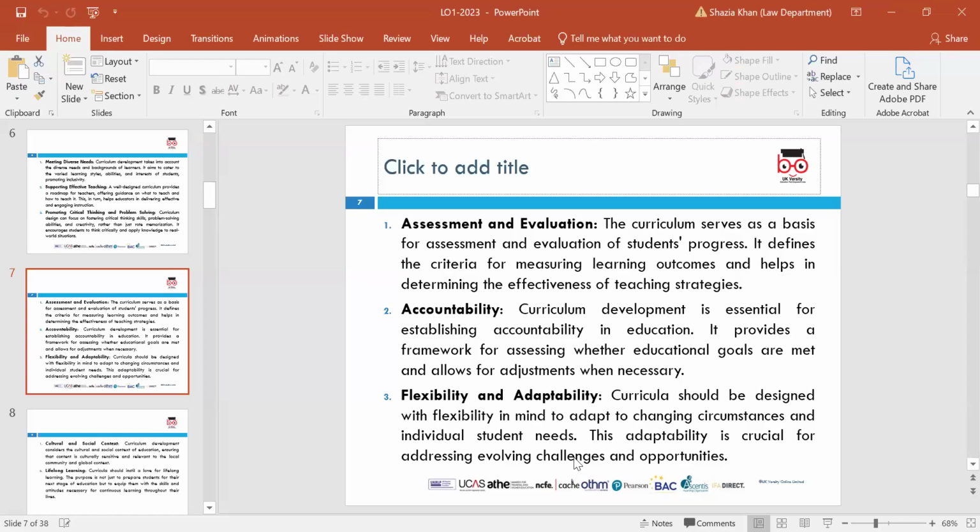So it provides this framework whether the goals have been met, and allows for any sort of readjustments. So make it flexible, which is the next one, flexibility and adaptability, and is designed in mind of students' needs and wants, and making sure that it's adaptable for them. And also they need to make sure that it's adaptable for the challenges and the changes in life as well.